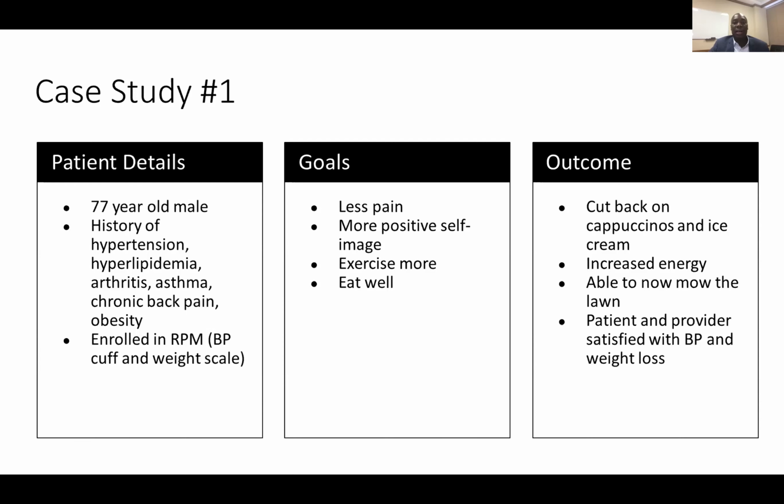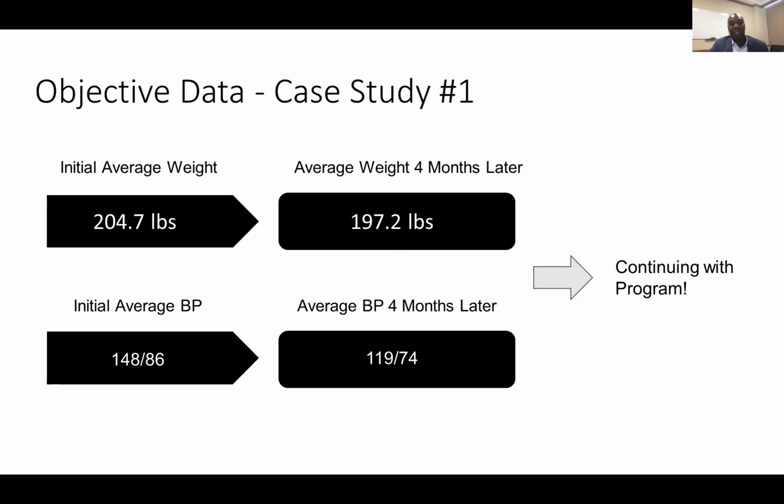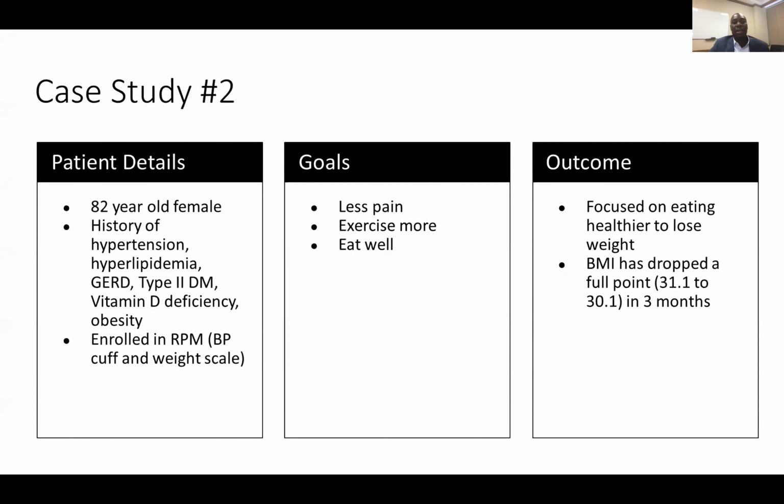If you go to the next slide, over time, the patient lost weight. Their average blood pressure over 4 months improved consistently. And the patient really felt like they were getting a lot out of the program. And example 2, next slide, Huzefa. Another patient, an 82-year-old female with a history of hypertension and hyperlipidemia, enrolled in RPM, and again had some goals tied to the data: less pain, exercise more, eat well.